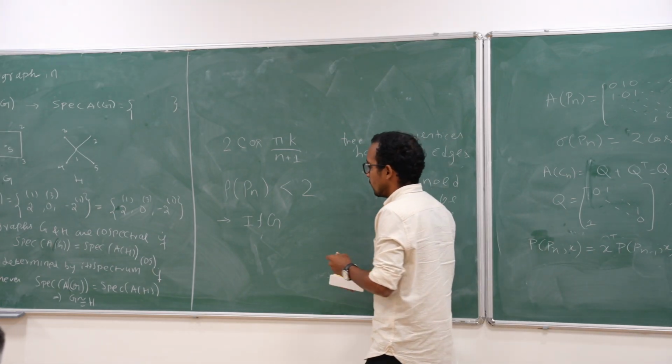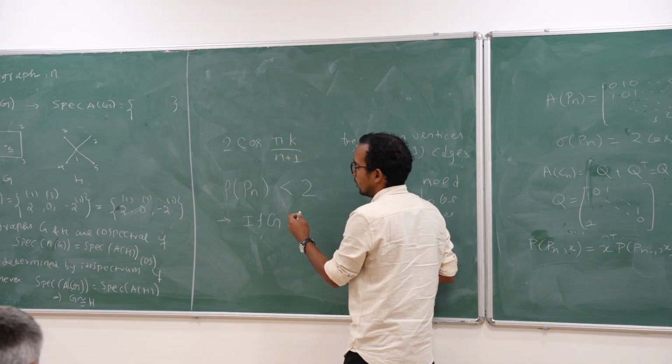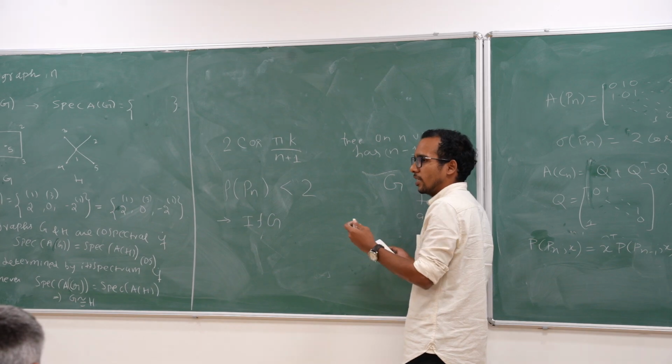Show first. So if G is not a tree, then it is going to be disconnected, or it is going to have a cycle.